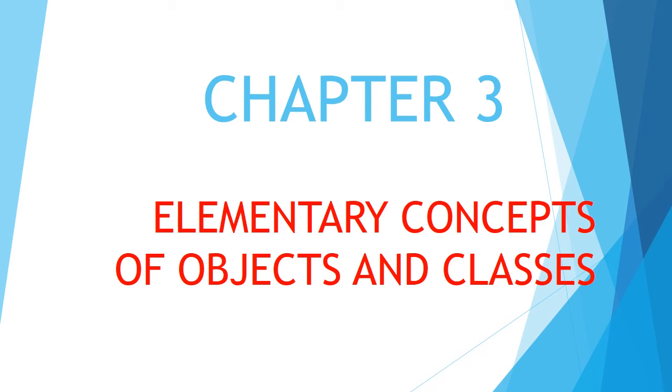State will follow through properties and attributes. Behavior will follow through methods. That's why in the case of class dog, the properties or attributes of two objects were different. Means state can be different, but their methods, their behaviors were the same.